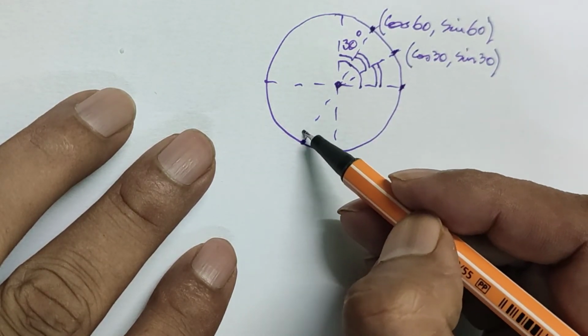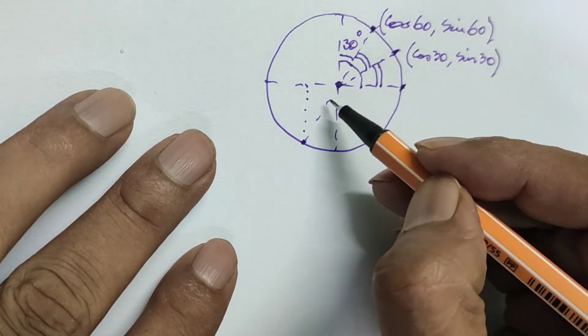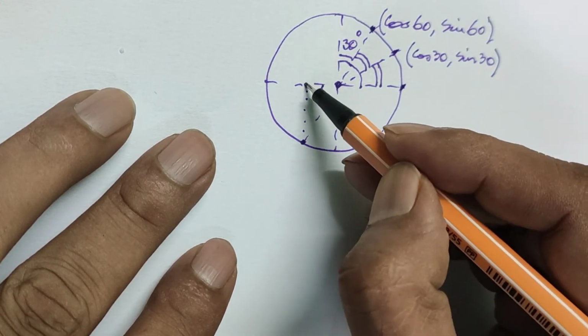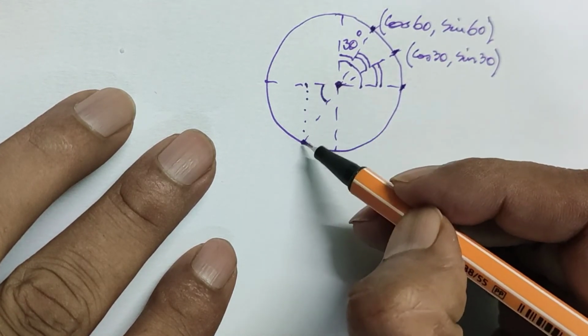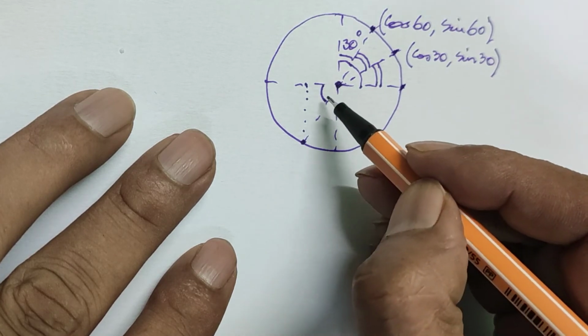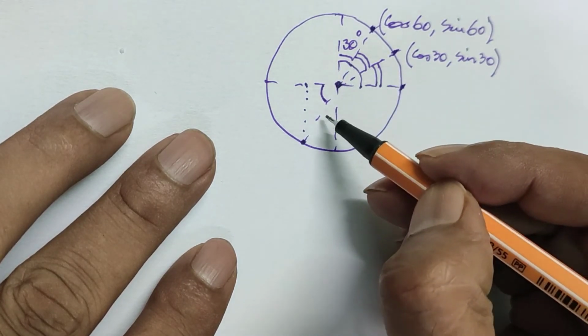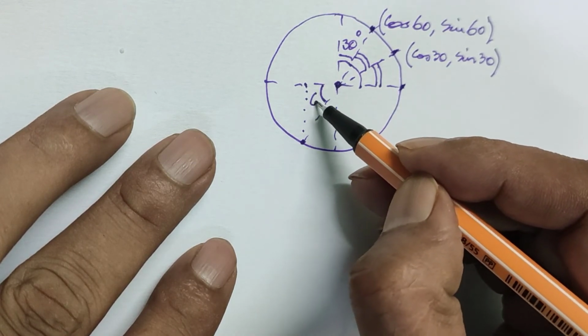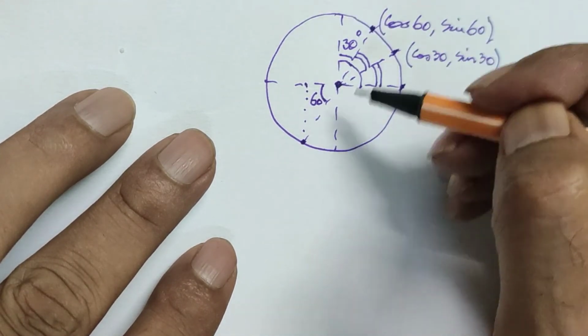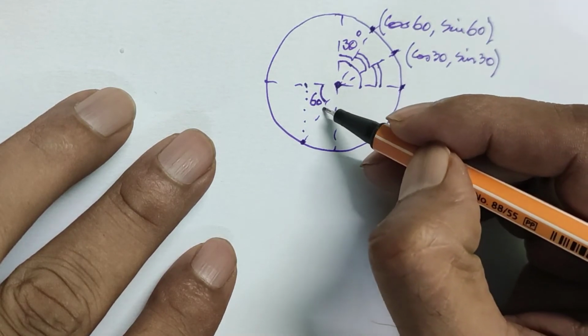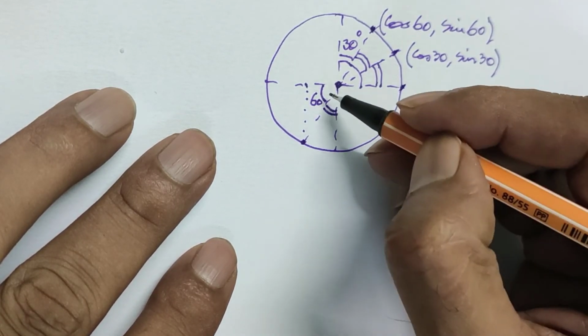So if I drop a perpendicular here, we'll find a right angle triangle. We'll always look for a right angle triangle. So this is 60, this is 30, this is 30, so this is 60.